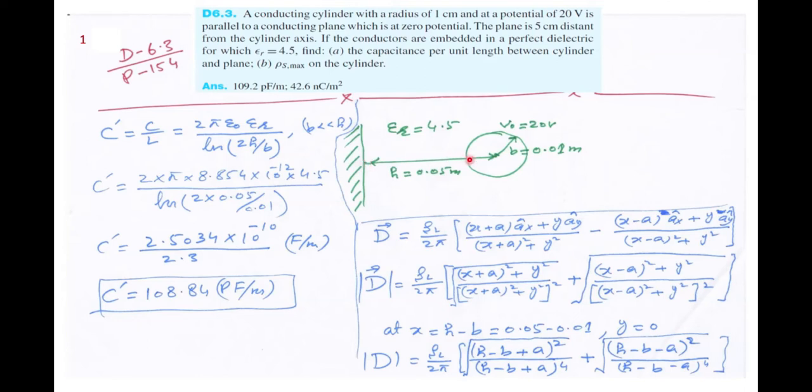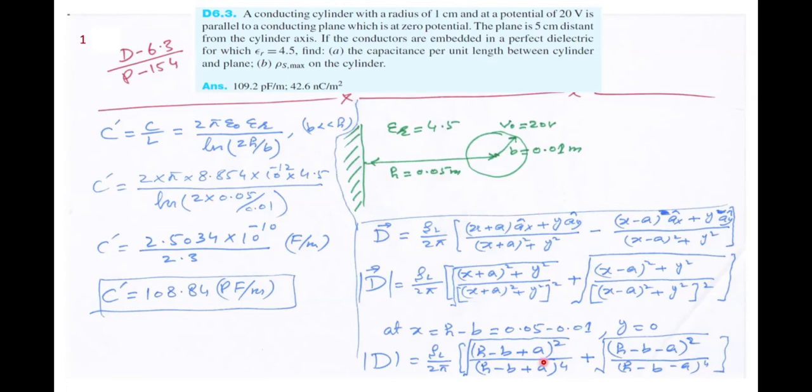That is why the surface charge density at this location is maximum. This location is denoted by h minus b, which is equal to 0.05 minus 0.01, or 0.04 meter, and y in this case is equal to 0. Replace x by h minus b and y equal to 0 in this relation.